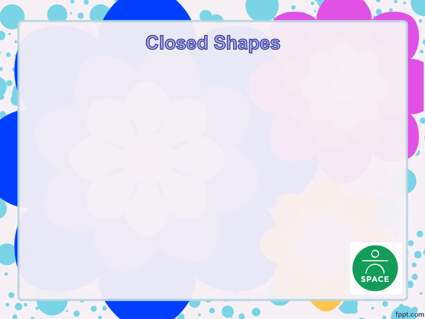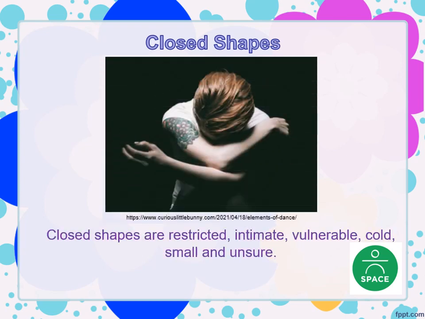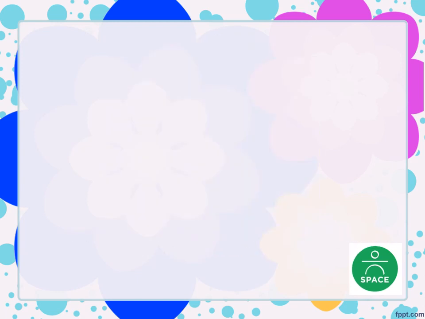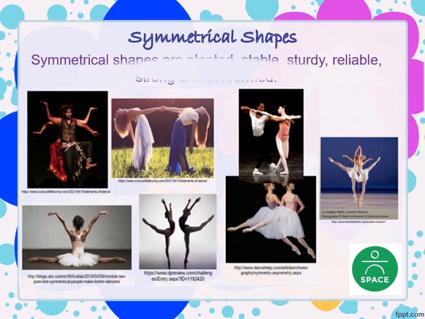Closed shapes. Closed shapes are restricted, intimate, vulnerable, cold, small, and unsure. Symmetrical shapes. Symmetrical shapes are planted, stable, sturdy, reliable, strong, and conform.